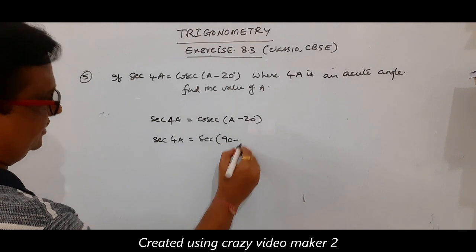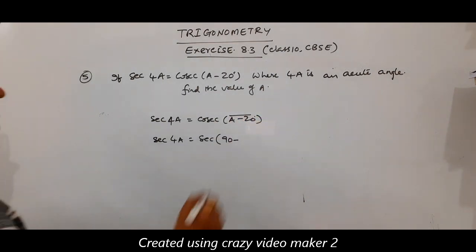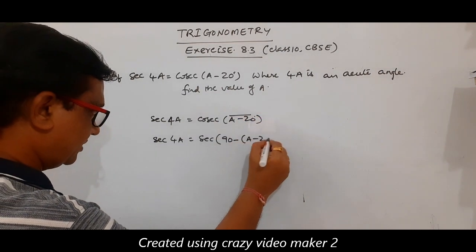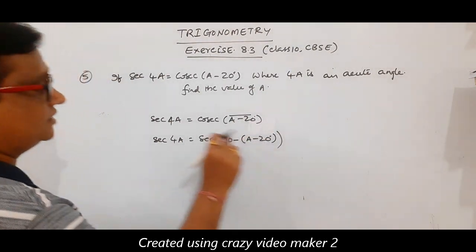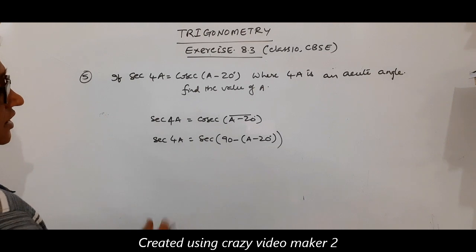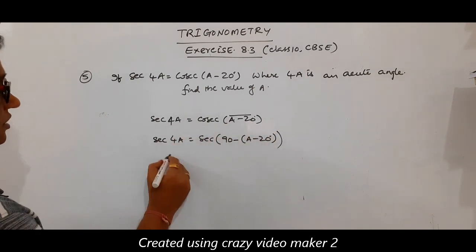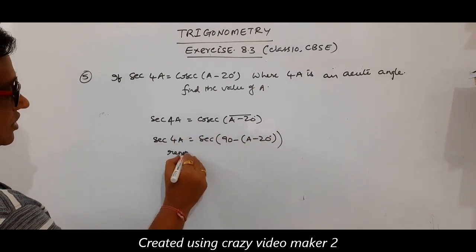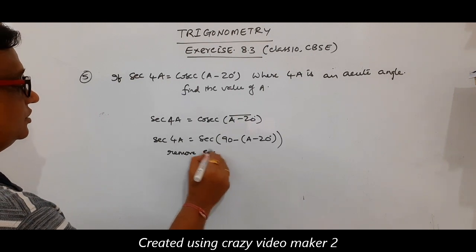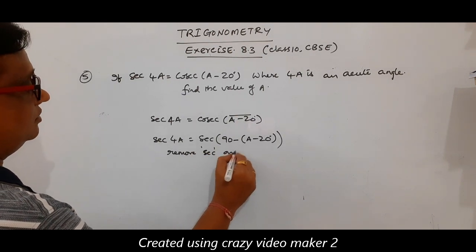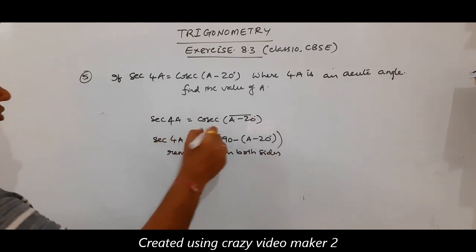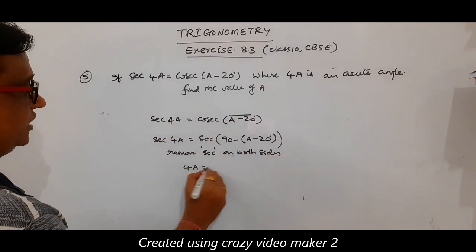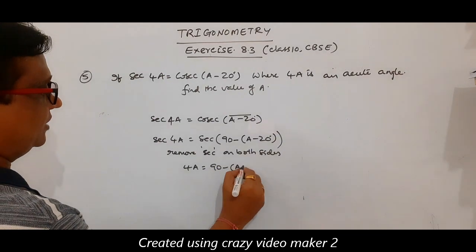This entire part is theta, so write in the brackets a minus 20. Like this, secant 90 minus theta is cosecant theta, where theta is a minus 20. So next, remove secant on both sides. Already I told, don't cancel. 4a equal to 90 minus (a minus 20).